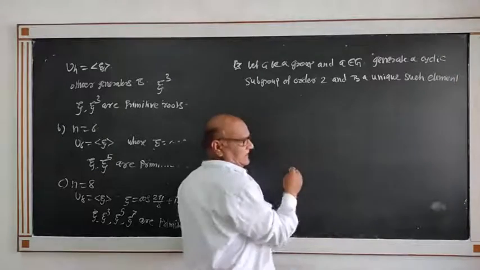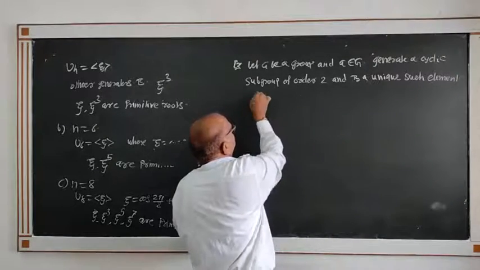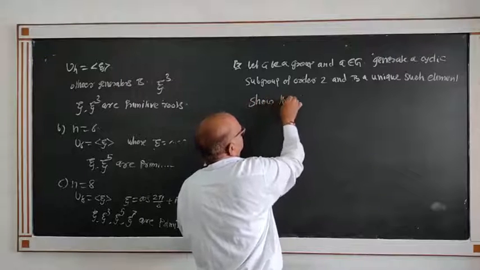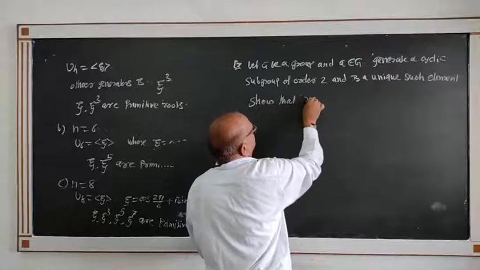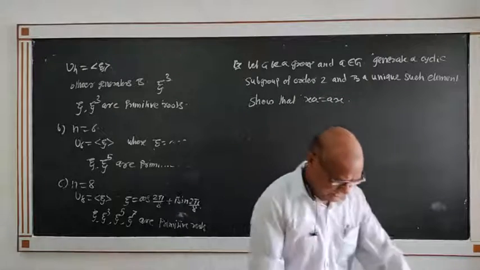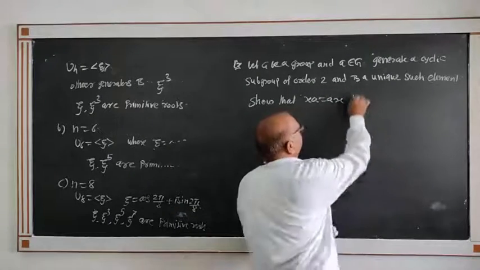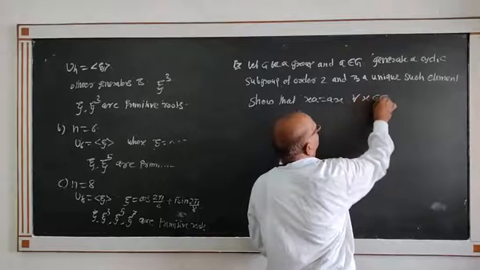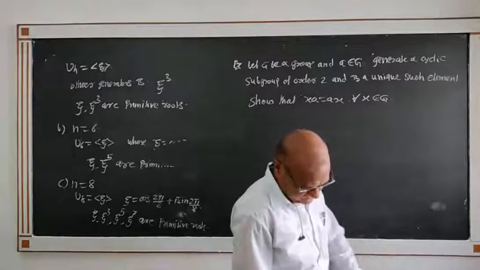Show that AX is equal to XA for all X belongs to G.